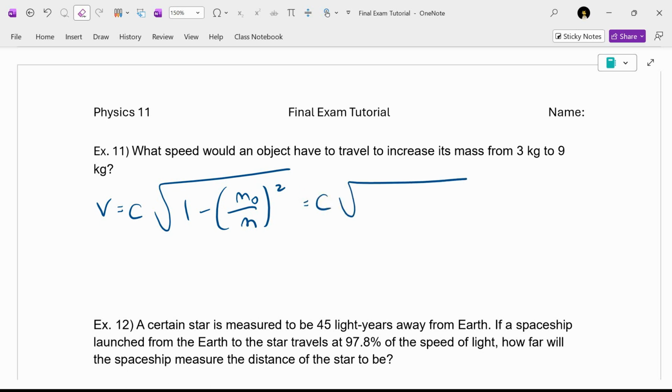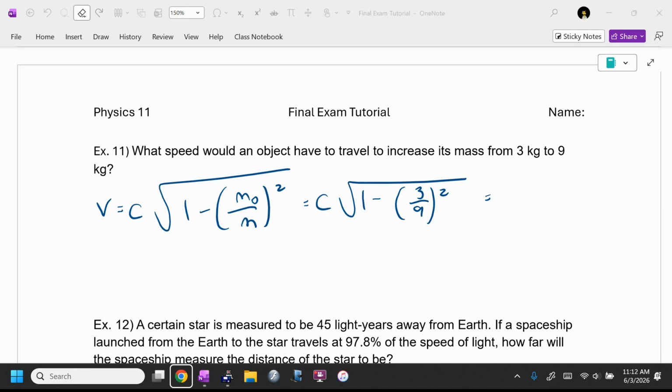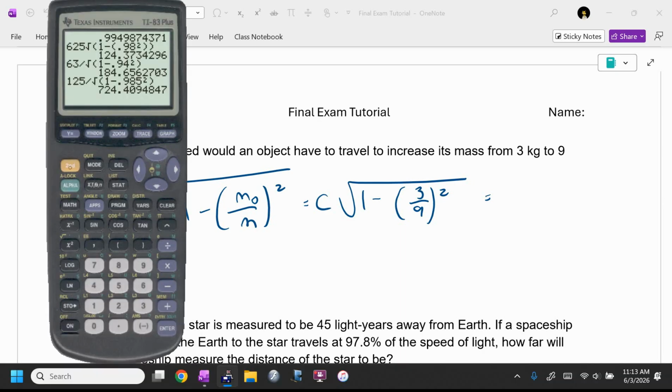Keep the C as a C. It's going to be 1 minus 3 divided by 9 all squared. Square root of 1 minus, and then in brackets, 3 divided by 9, close bracket, square outside the bracket. Close off the square root. And I get 0.942.